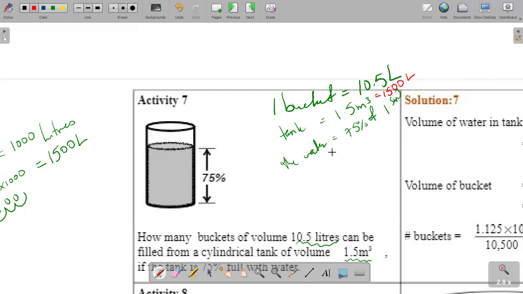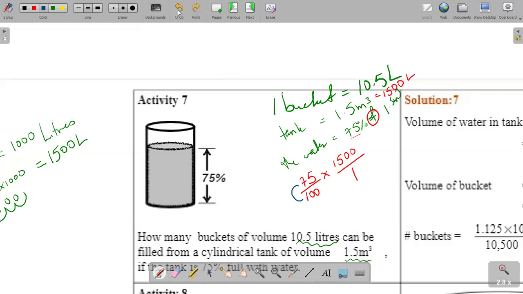Who else do I need to change? The water. Do we know how to find 75% of something? You should remember 75% means 75 out of 100. The word "of" means to multiply, and we just find how much the tank is, and the tank is 1500. So put this over 1. If you use your calculator, all you have to type in is 75 divided by 100 times this number here.